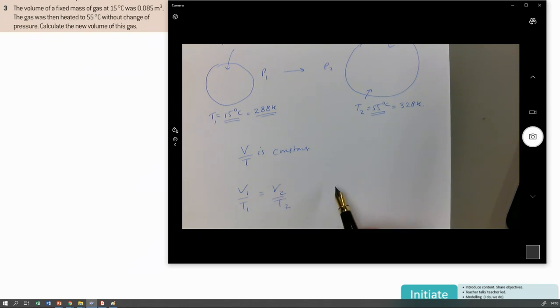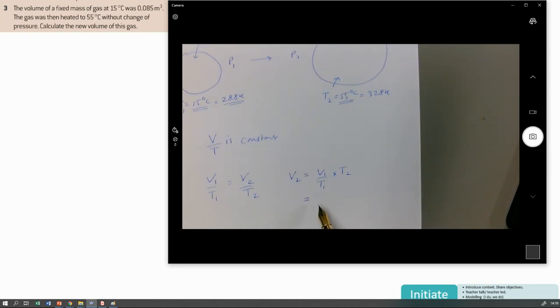So let's rearrange that: V2 is equal to V1 over T1 multiplied by T2. Can we do the sums there? Yes, we can. V1 is 0.085 times the temperature T2, which was 328, divided by the temperature T1, which was 288.